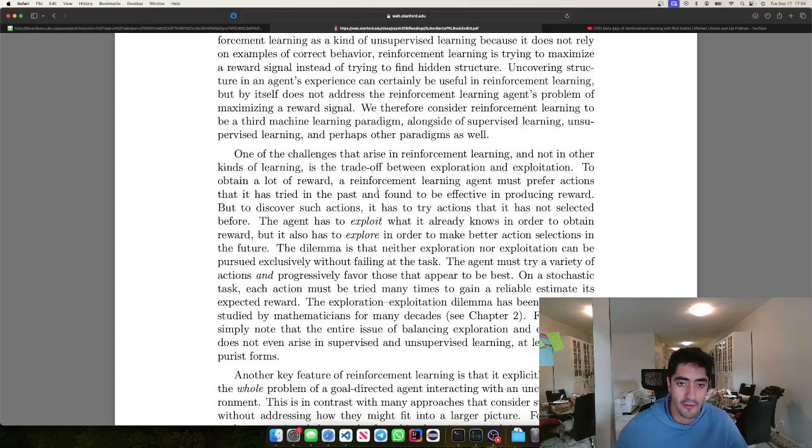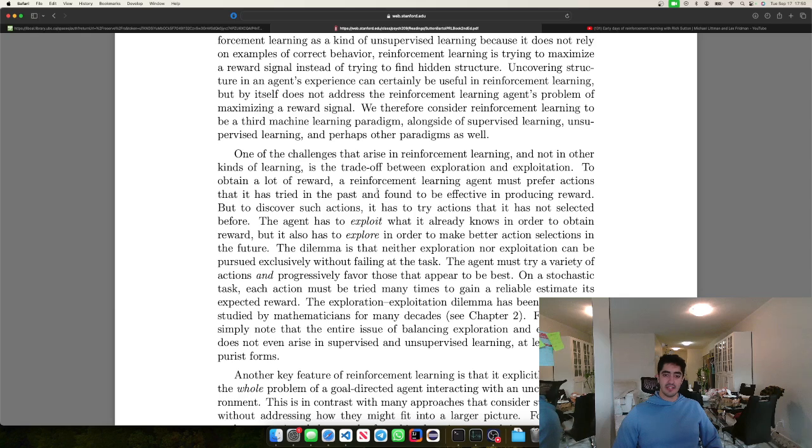To obtain a lot of reward, a reinforcement learning agent must prefer actions that it has tried in the past and found to be effective in producing reward. But to discover such actions, it has to try actions that it has not selected before. The agent has to exploit what it already knows in order to obtain reward, but it also has to explore in order to make better action selections in the future.